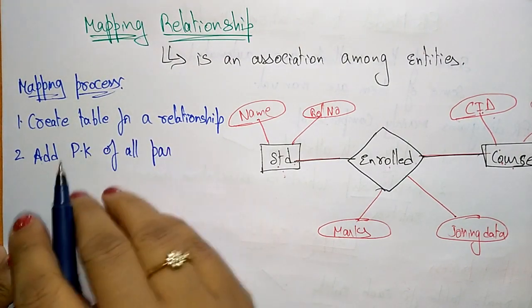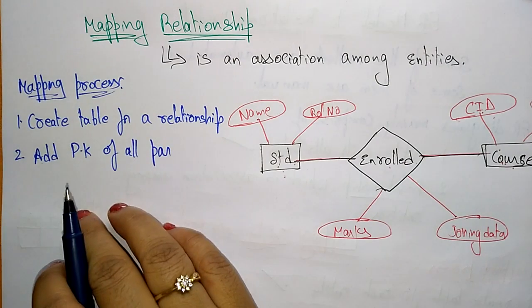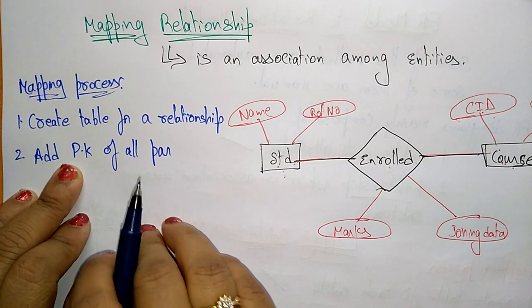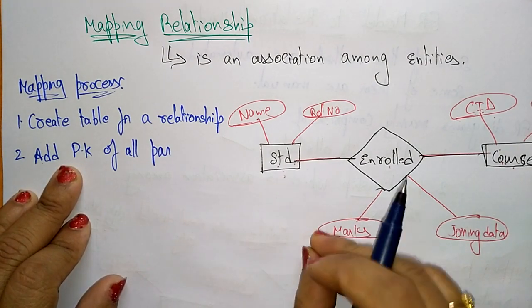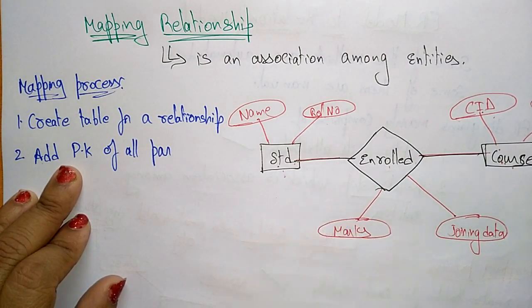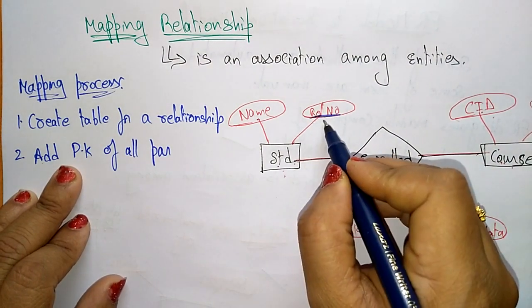Don't be confused about what a primary key is. I'll explain clearly when I'm discussing the keys. Actually, the primary key is a unique key which can be given only to that particular person, meaning that key is different. For example, here the roll number is a primary key. It is unique.